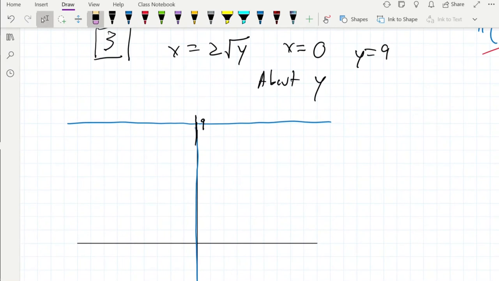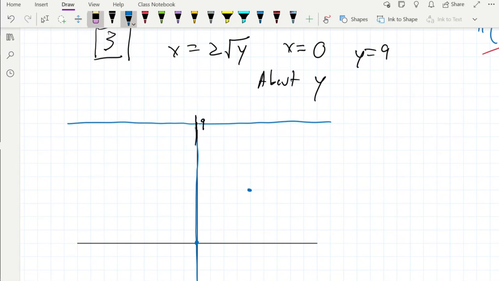Then we have x equals 2 times the square root of y. So when y equals 0, x will equal 0. When y equals 4, x is going to equal 4. And y equals 9, which will be even further.